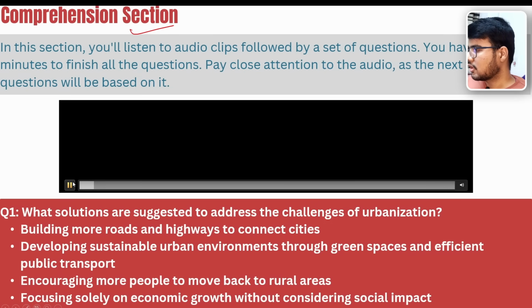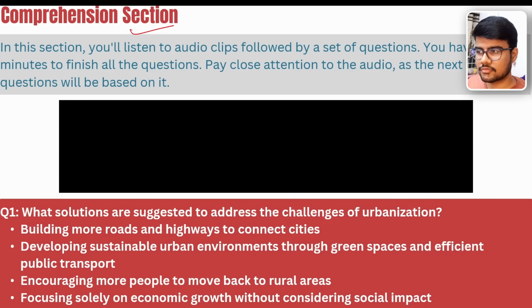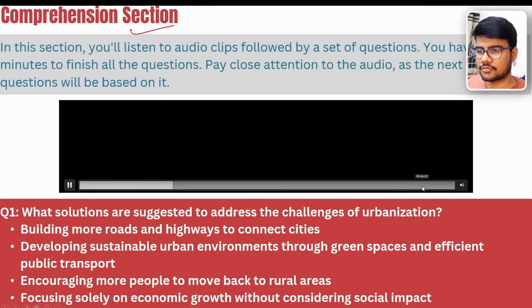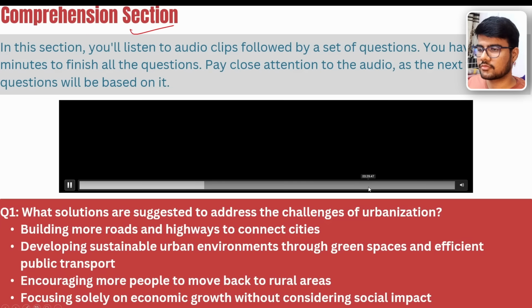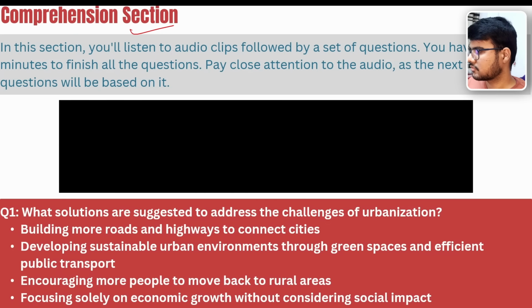Urbanization is a phenomenon that has significantly transformed societies over the past century. As people migrate from rural to urban areas in search of better economic opportunities and living conditions, cities are expanding rapidly. This shift has led to various challenges, including overcrowding, increased pollution, and the strain on public services.